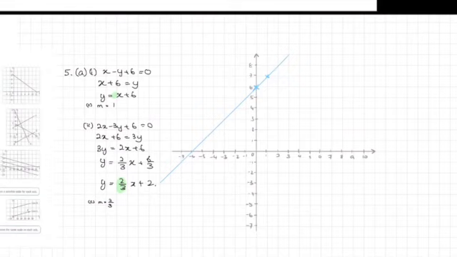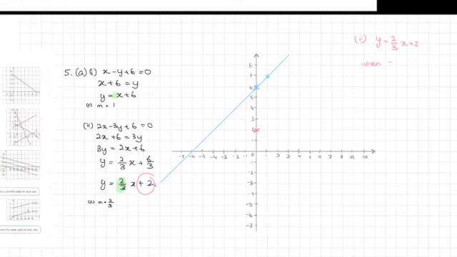When x equals 0, y equals 2. I'm not going to put x equals 1 because that's going to make it difficult. I'm just going to try to put in 3 because 2 over 3 can be multiplied by 3. So for number 2, the equation of the line is y equals 2 over 3 x plus 2.